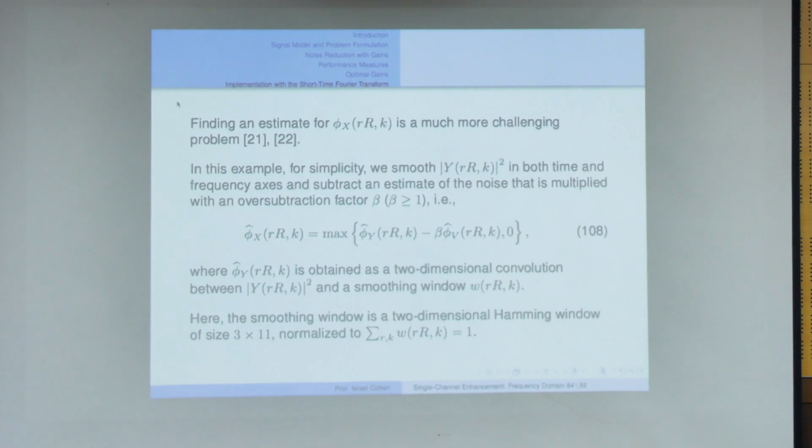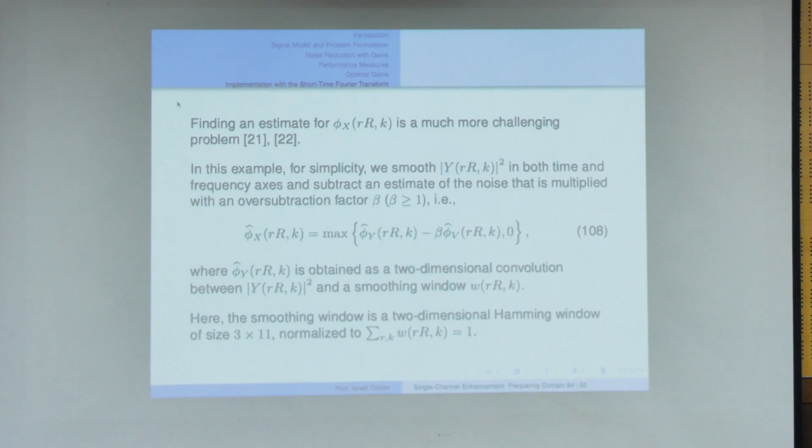I remind you that the variance of y equals the variance of x plus the variance of v, because y, in the STFT domain, equals x plus v, and x and v are not correlated with each other. But this is true for the true variance, not for their estimates.